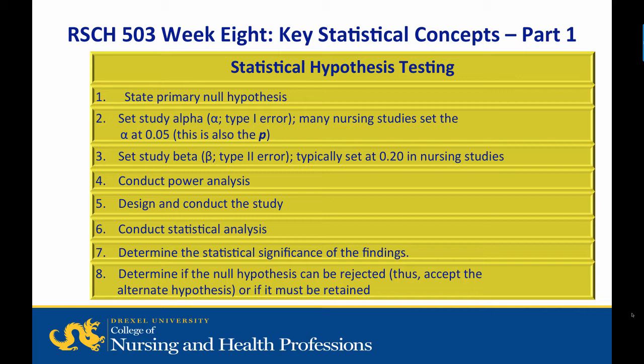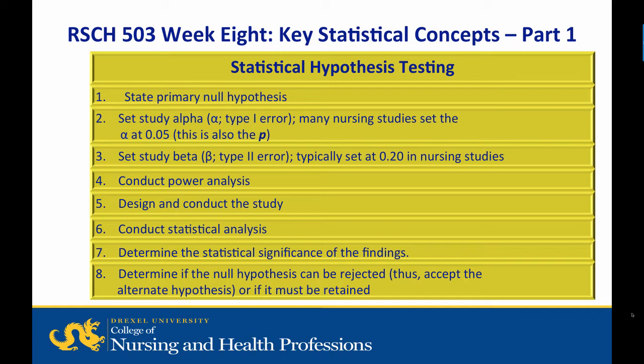Statistical hypothesis testing follows an organized outline. First, the investigator states the primary null hypothesis. Second, the study alpha is set. Quite commonly in nursing research, the alpha, or p, probability value is established at either 0.01 or 0.05.